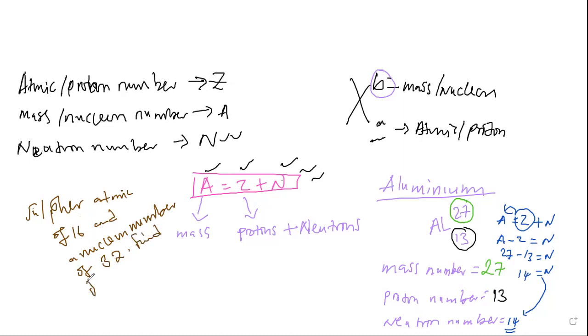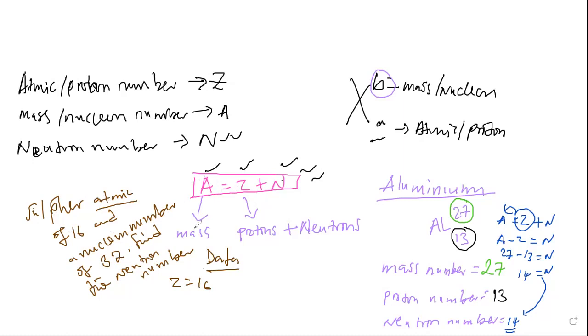Find the neutron number. Okay, so here when you get your data, they've given you the atomic number. Atomic number has got symbol what? Atomic number has got symbol Z. So your Z is 16. Then a nucleon number of 32. Nucleon number, we said it's the same as mass number.